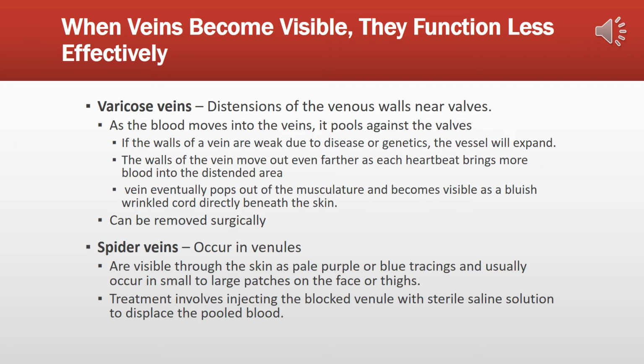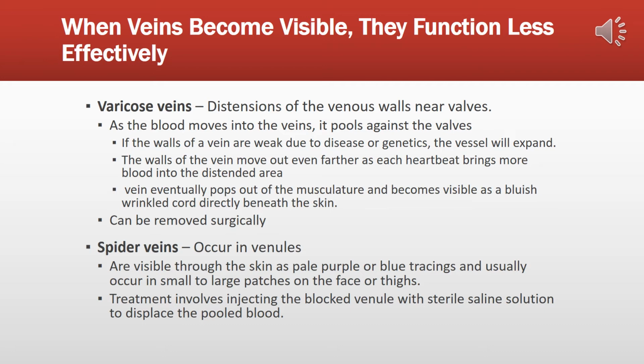Spider veins are essentially the same thing as varicose veins, except they occur in the venules, or small veins. And these are visible through the skin as pale purple or blue tracings, and they usually occur in small to large patches on the face or thighs.